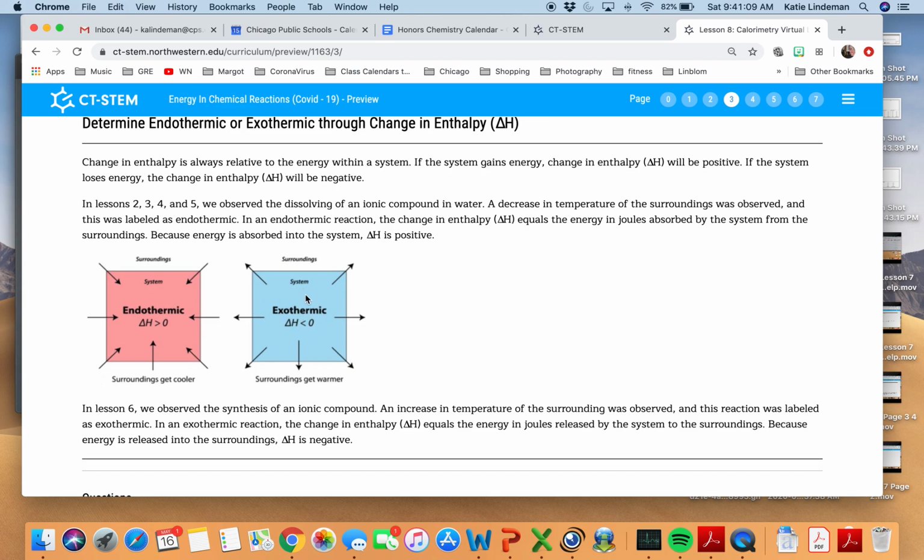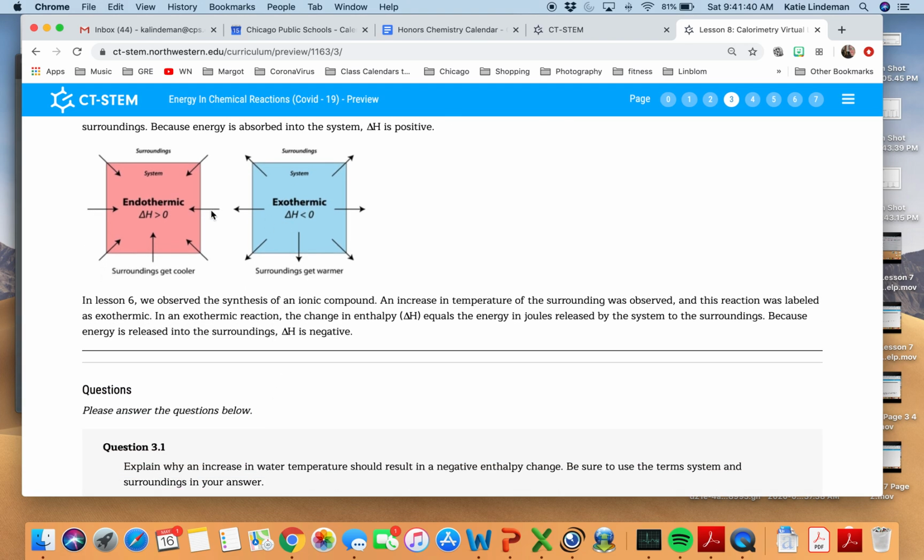That's why this is shaded dark blue, because the system itself is losing energy. Here, if we have an endothermic reaction, and your hand is touching the reaction, your hand is going to feel cold. That's because the system is actually sucking energy out of the surroundings. So just to link these two colors with endothermic and exothermic, the color is in reference to the actual system.